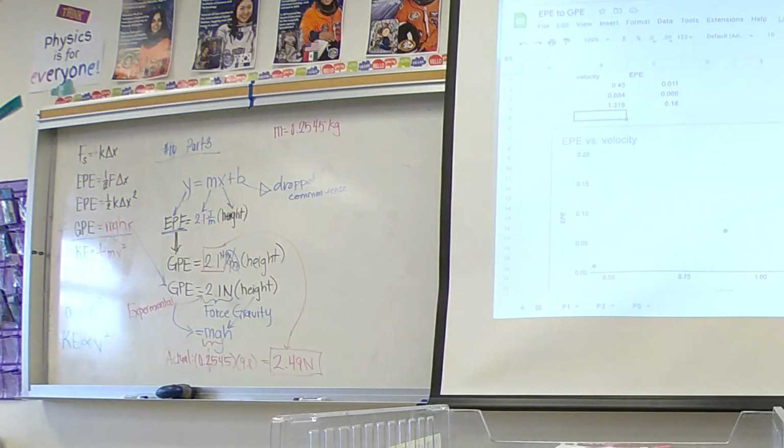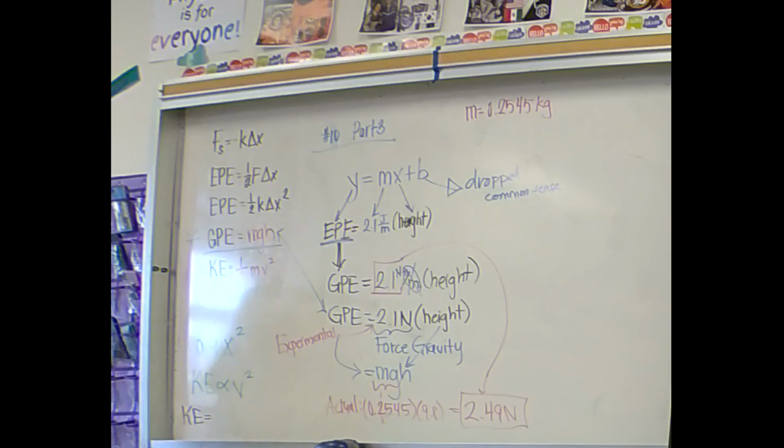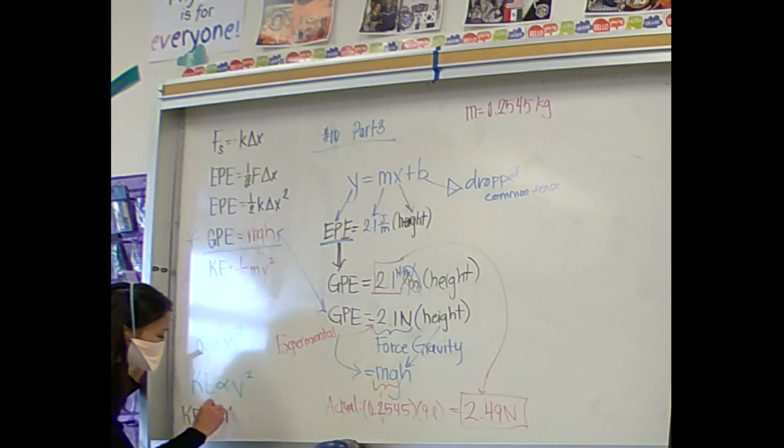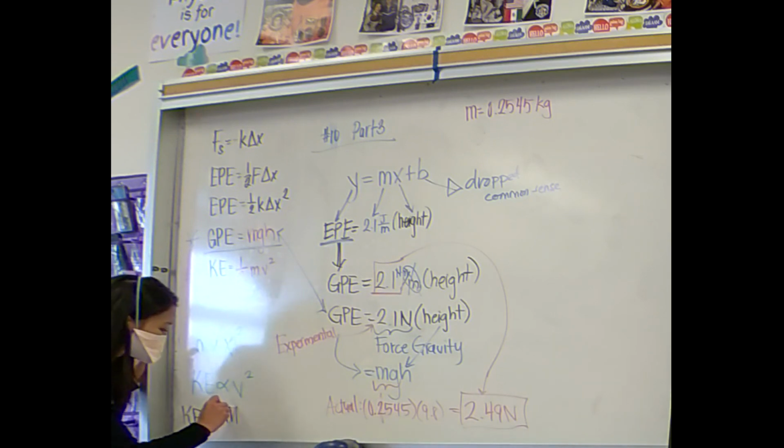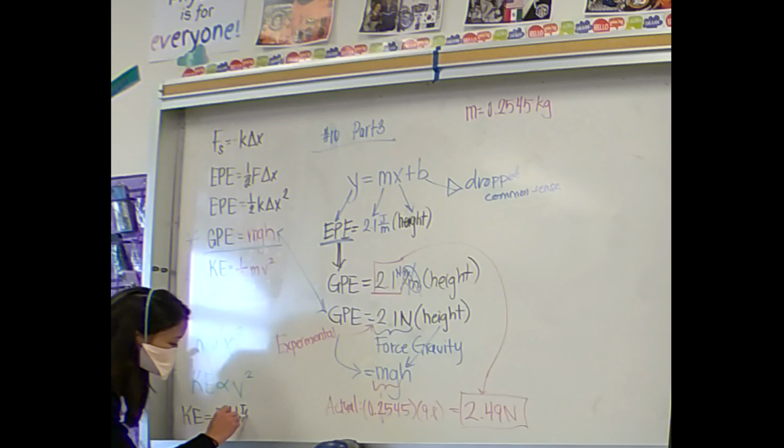We are going to graph the velocity squared, and the energy is equal to 0.111 times velocity squared. I'm going to leave the units out because the units are complicated. I'm just going to say it's joules per meters per meter squared per second squared.